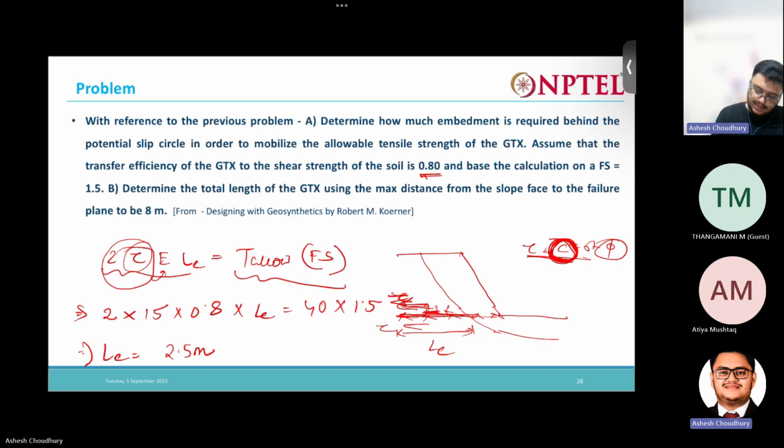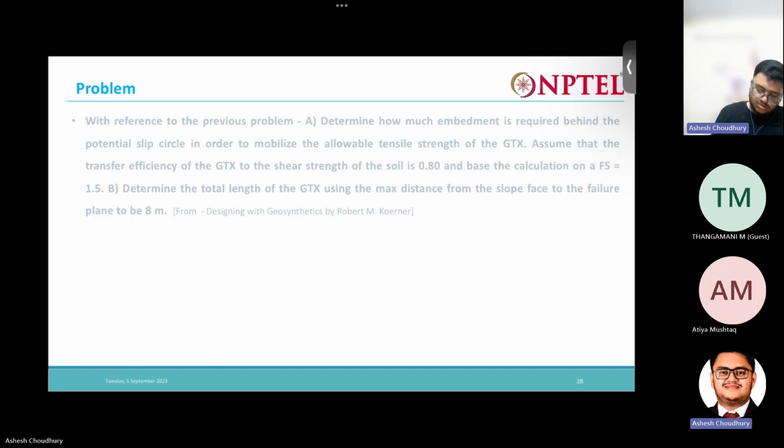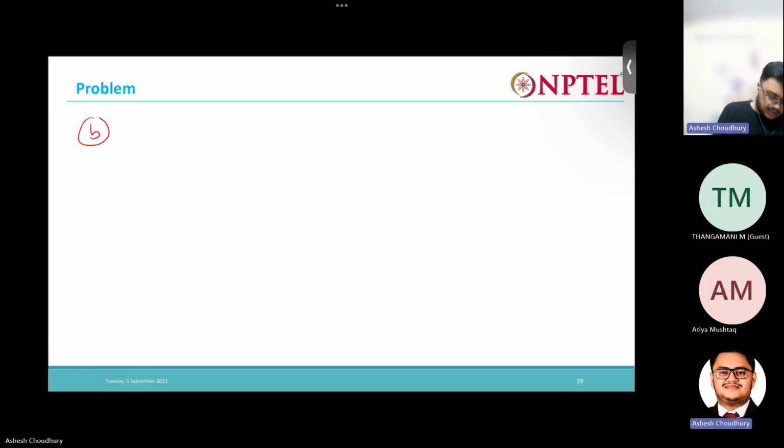Now it is said to determine the total length using the maximum distance from the slope face. This is the slope face. So the maximum distance from the slope face to the failure plane is 8 meters. So total length is 8 plus 2.5.